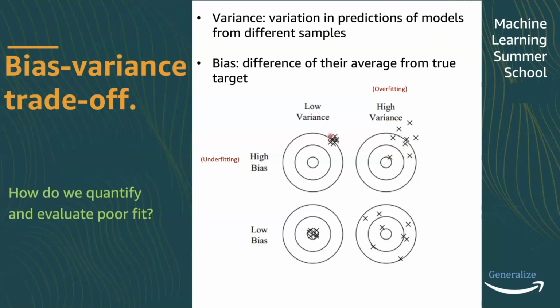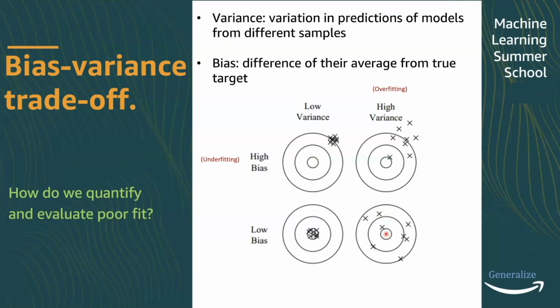You have low variance. They're all tightly together, but it's got a high bias. You're far from the truth. And the other case, of course, is you have very high variance, but you have low bias, which is to say, they're all spread out, but they're spread out around the true value.